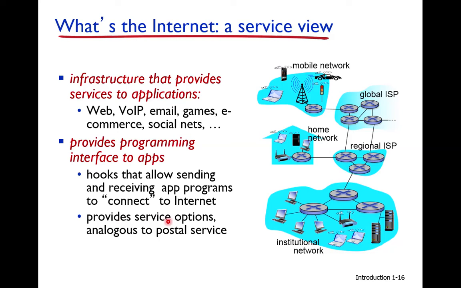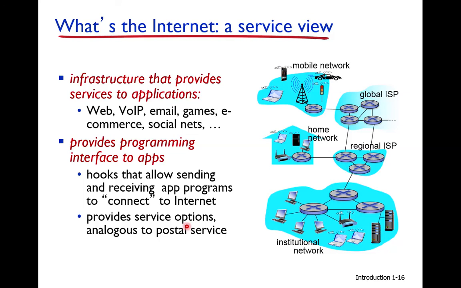So it provides a service option, analogous to a postal service. For example, you give a letter to TCS and say, this is the letter, you have to deliver it to Lahore.